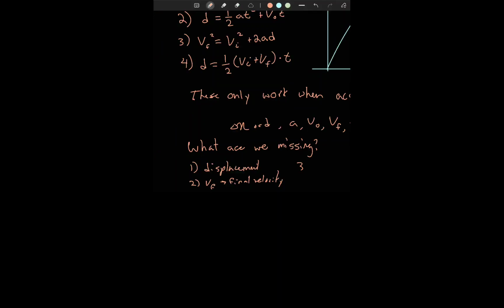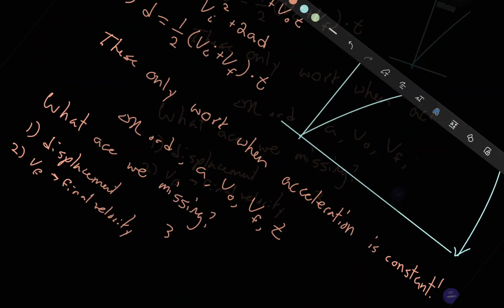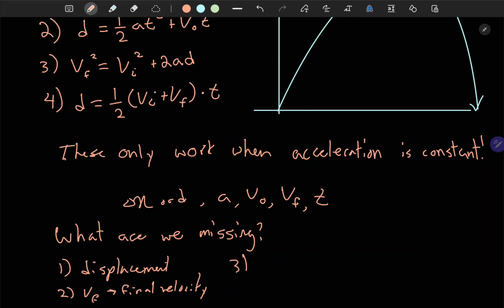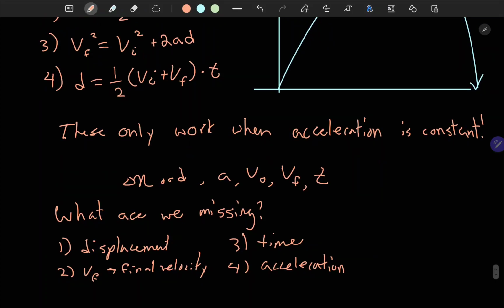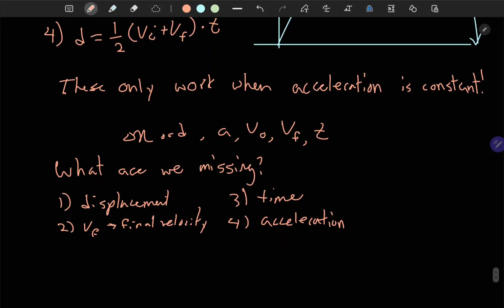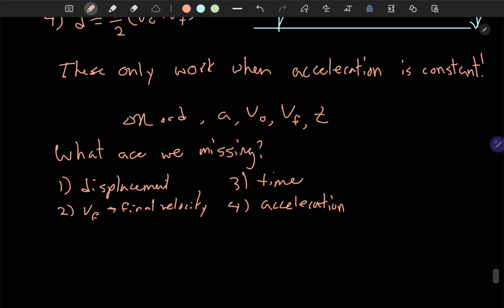For number 3, we are missing time. And for number 4, we're missing acceleration. So if you know what you're missing, you know which one to not use. And basically, you'll just need to identify. So my recommendation is just to write down everything you know so you're able to figure out which one to use. So with that in mind, let's get to doing some problems.